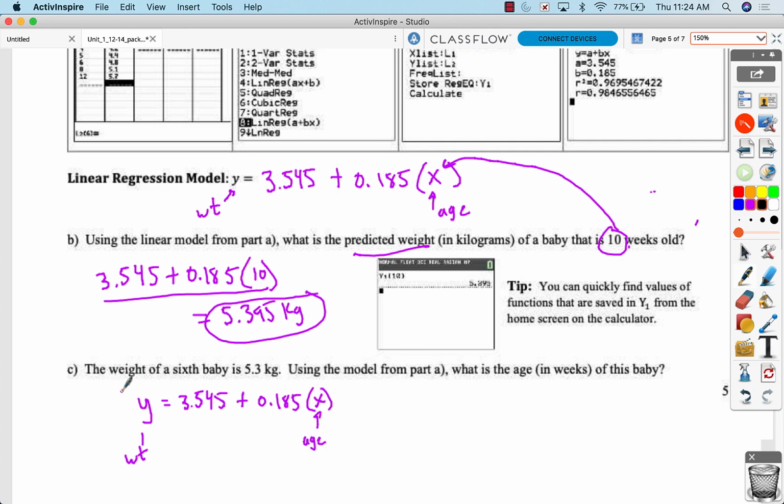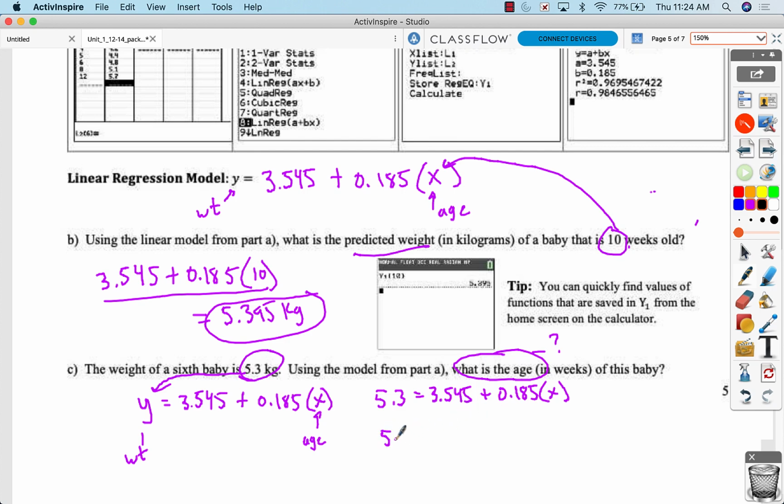This question says the weight of the sixth baby is this. So they gave you the weight. Plug that here: 5.3 equals 3.545 plus 0.185 x. I plug the weight where the weight goes. And it's asking, what's the age? So now I just back solve for the age.